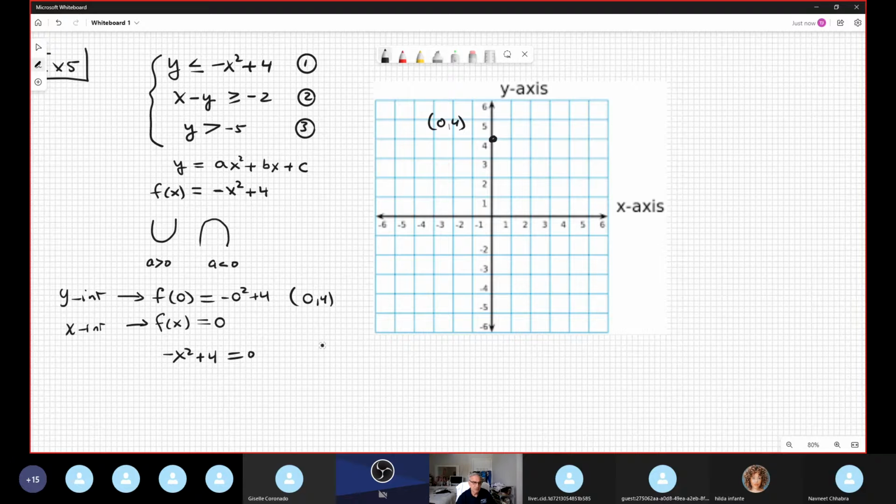Oh, easy. Minus x squared is equal to minus 4, divided by negative 1, x squared equals positive 4. Square root both sides. x is equal to plus or minus 2. Entonces we have two x-intercepts at the points 2,0 and minus 2,0. I plot that.